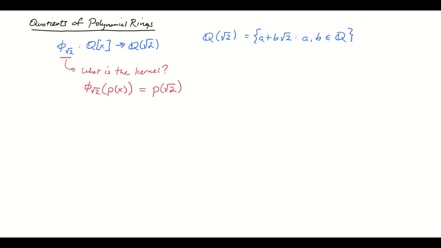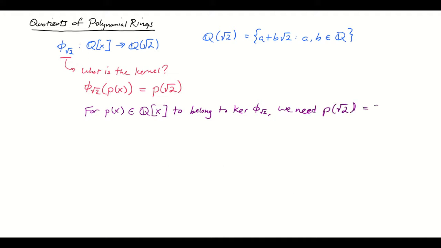So that means that for a polynomial p of x in Q bracket x to belong to the kernel of this map, we need p of the square root of 2 to equal 0.